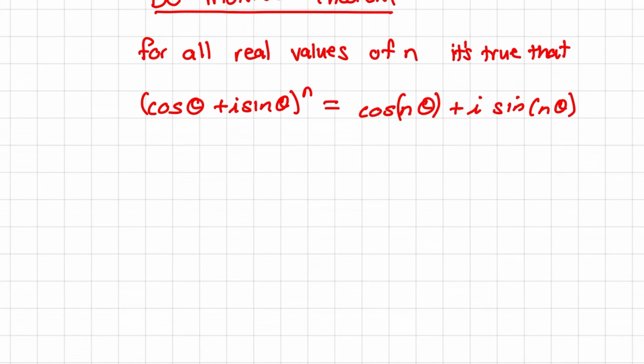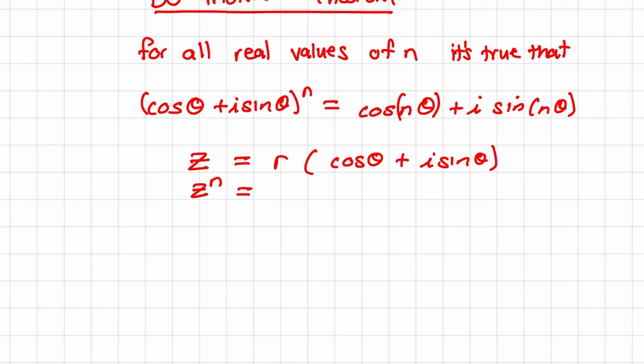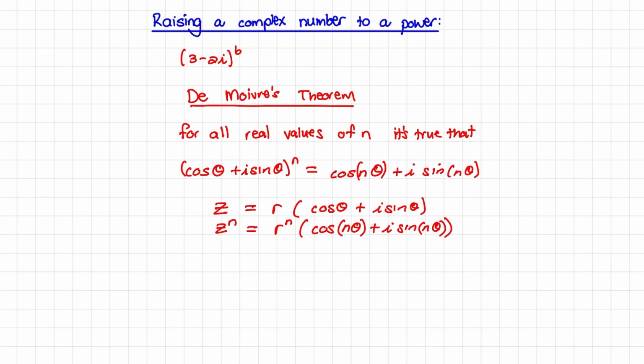So if we have a complex number z in the format of r, the modulus, times (cos theta plus i sine theta), and we raise that complex number to the power of n, then that result would be r to the power of n times (cos n theta plus i sine n theta). So let us try this method with our complex number.